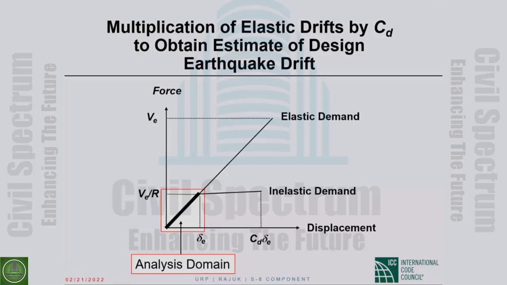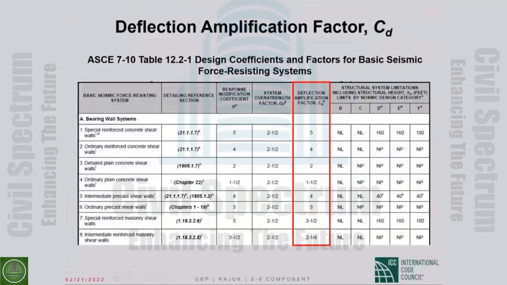Anyway, we estimate the actual design earthquake displacements by multiplying the calculated delta sub E values by the displacement amplification factor C sub D, which is given to us in the R values table. All of that I have discussed at length with you. None of this should be anything new.